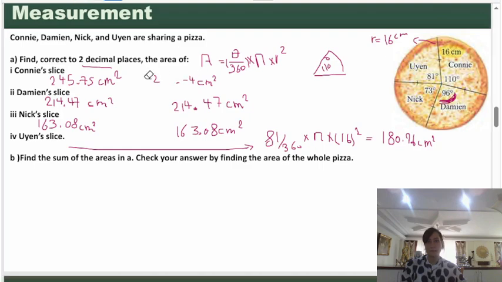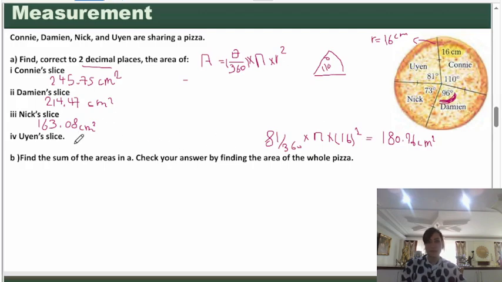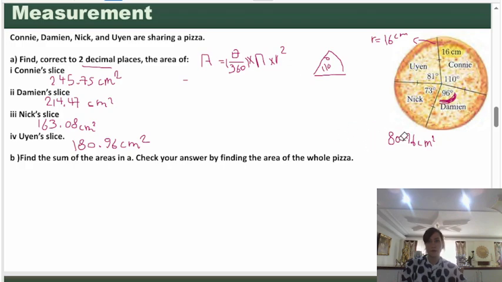Okay, I find all of them. I will go for the last part that I found, which is 180.96 centimeters squared. All of these values I found from this formula, and I showed how I found them.